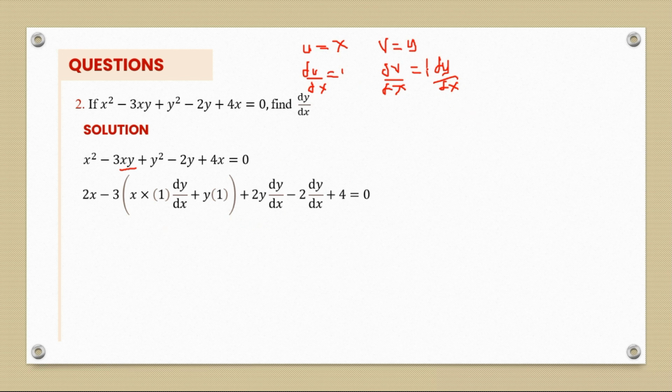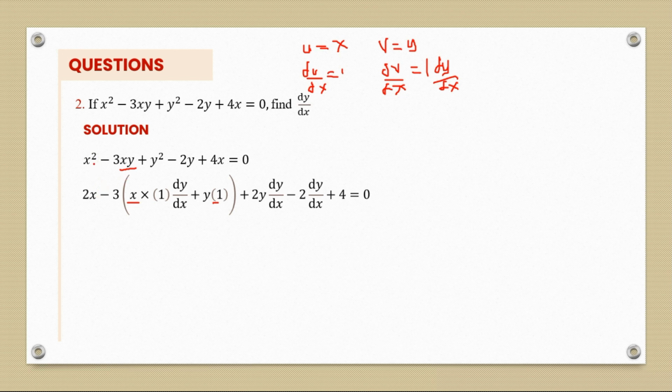So substituting those values into the product rule, we now have u being equal to x, dv/dx equal to 1 dy/dx, and then we have v being equal to y, and du/dx is 1, and that's actually why we have that.